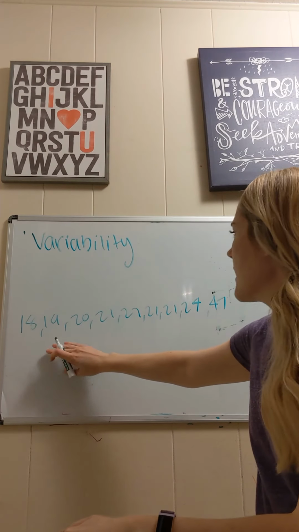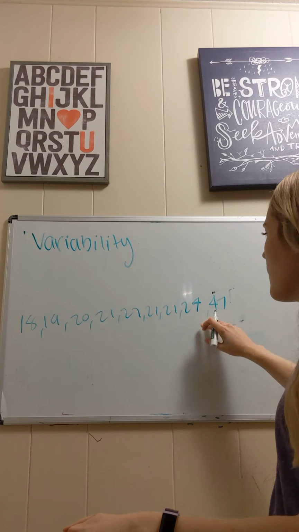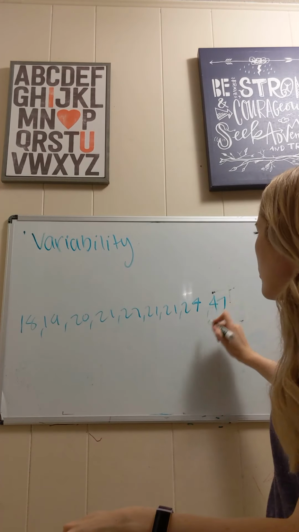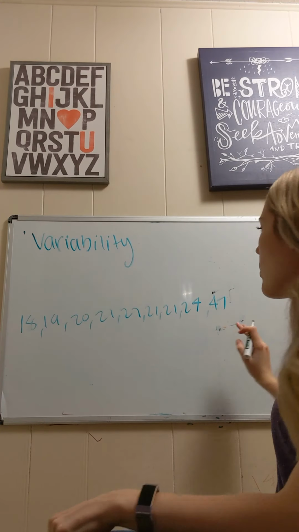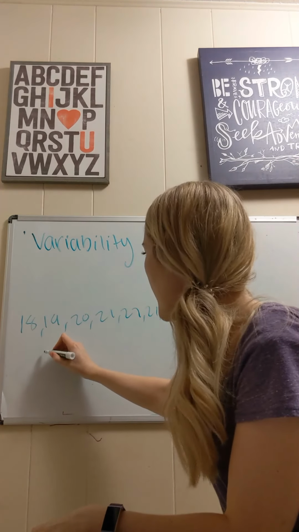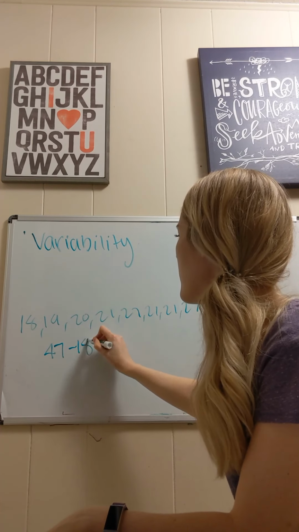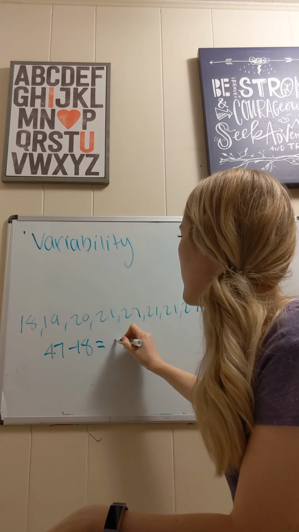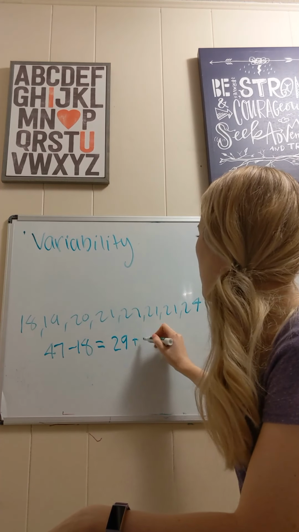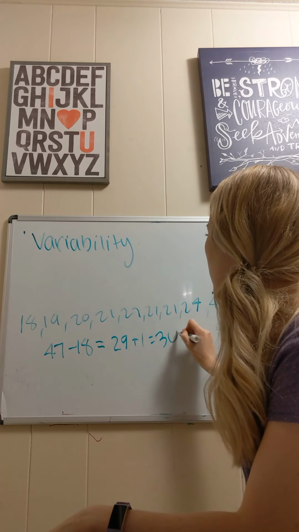So pretty consistent, 18 to 24, it's pretty similar, and then you jump to 47. This would then make my range of attributes 47 minus 18, which would be 29, plus 1, which is 30.